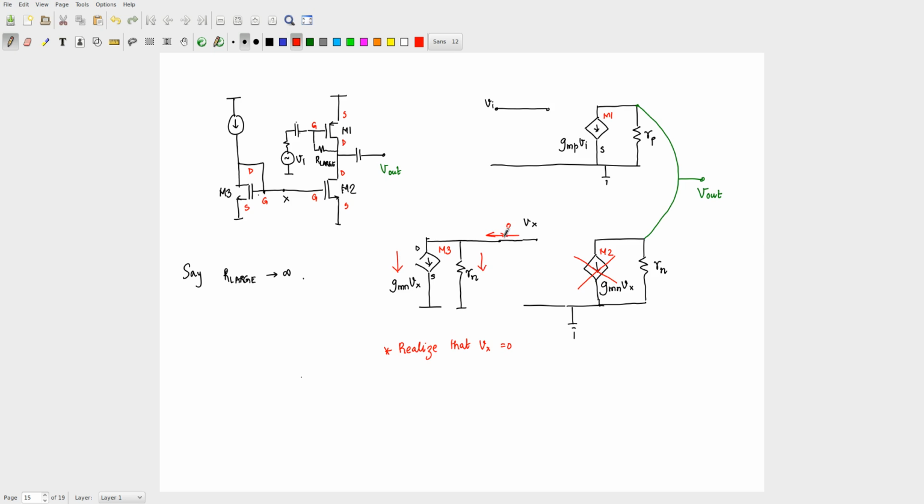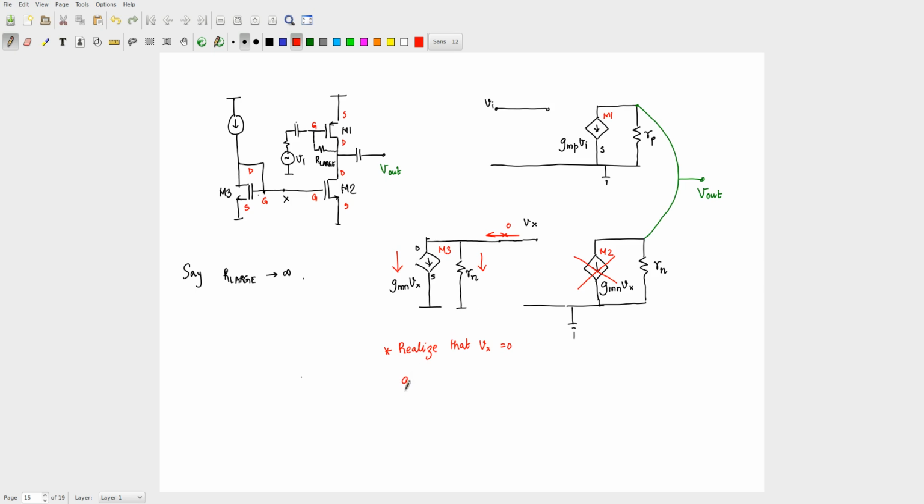Now, you can actually solve Kirchhoff's voltage law and get the value also. What is this current? GMVx, and so GMVx into Rn. All this current has to flow through this Rn.